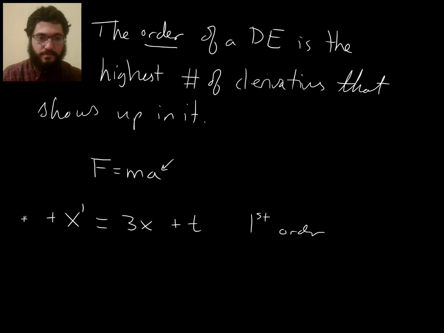If I do this, then now suddenly it's a third order differential equation. So it should kind of remind you of degree for polynomials. The degree of a polynomial is the highest power of the indeterminate that shows up. The order of a differential equation is the highest number of derivatives that shows up.